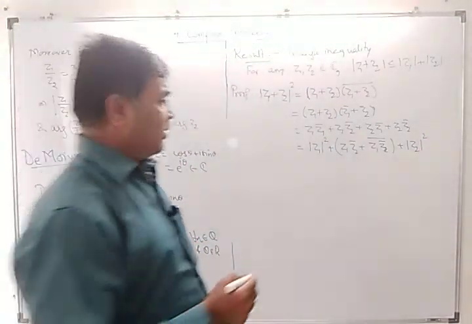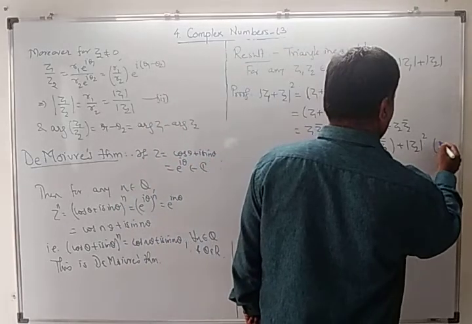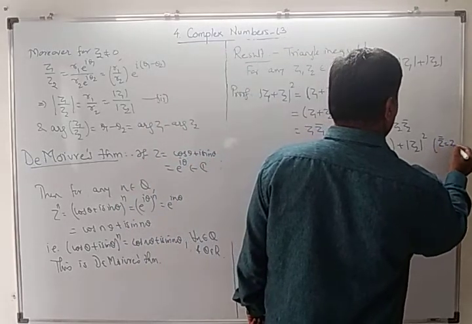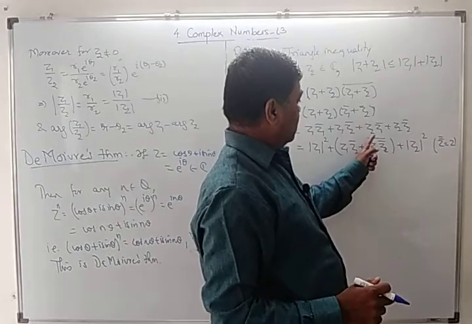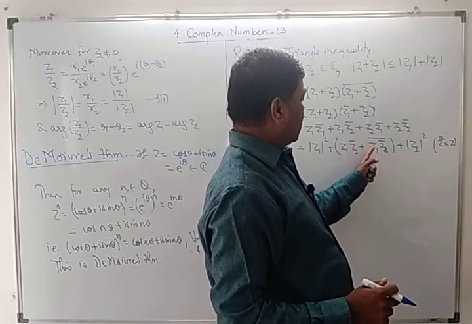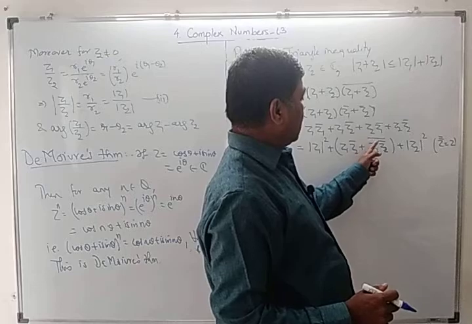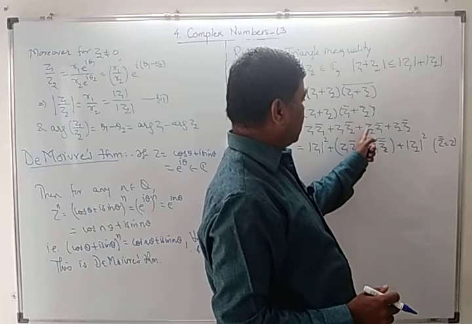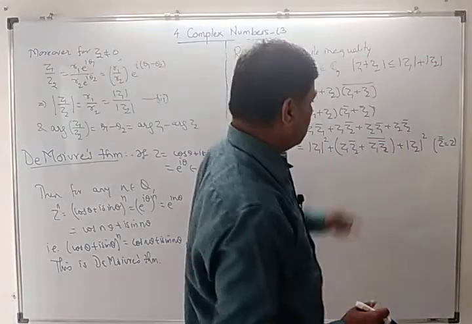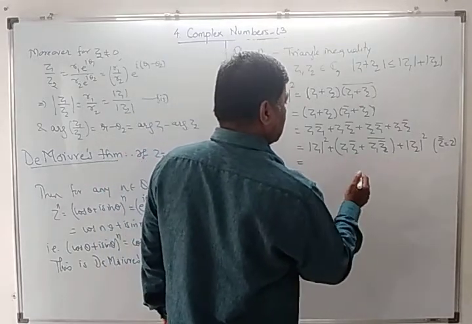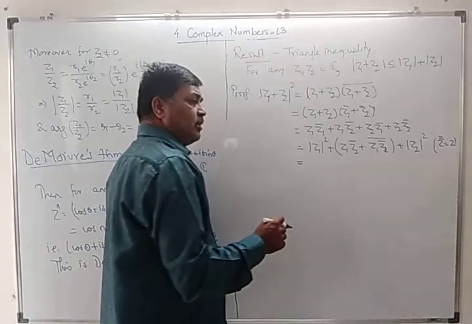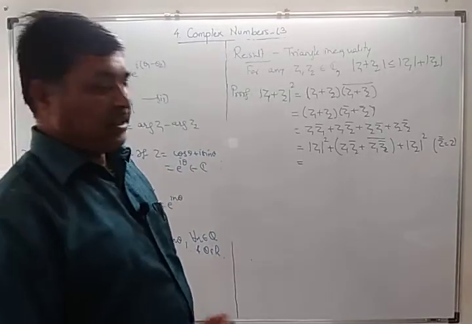Since Z double bar is equal to Z, if I take (Z1 Z2 bar) bar, it will become Z1 bar into Z2 double bar. Z2 double bar is the same as Z2. Okay, so we'll get this, and we know that for any complex number Z, Z plus Z bar is 2 times the real part of Z.